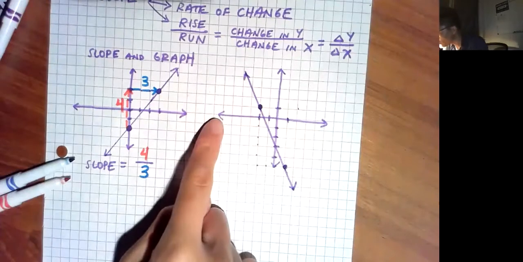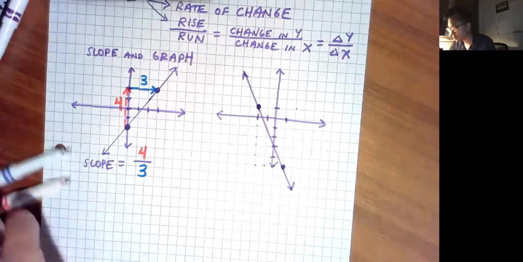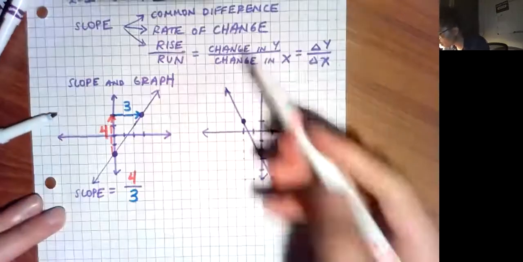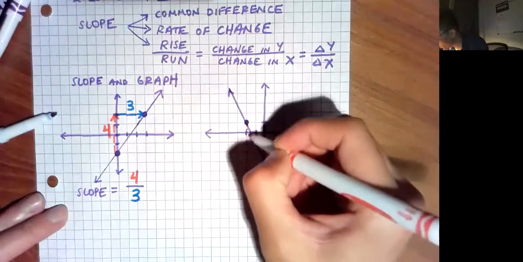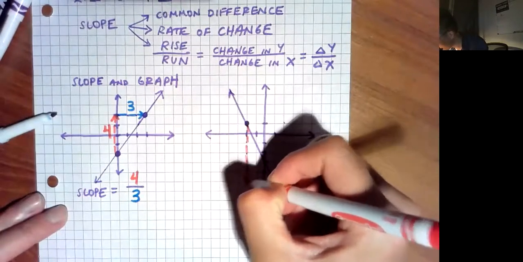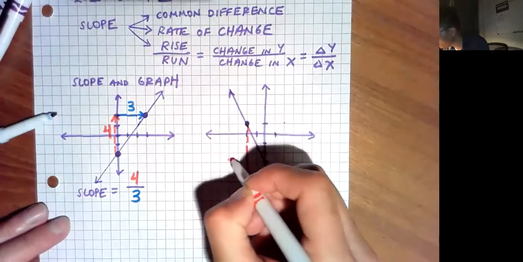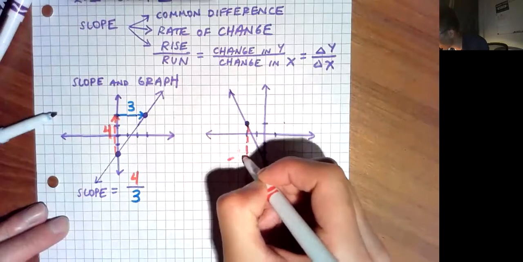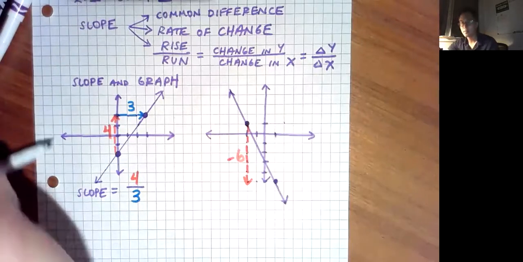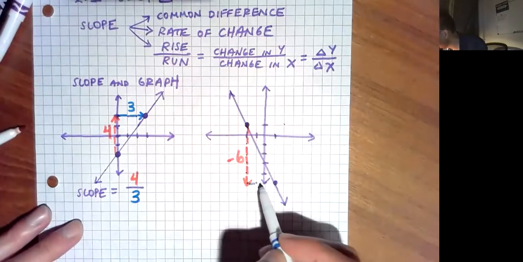So looking from left to right, I can see that this line is going downhill. So I know that I'm going down 1, 2, 3, 4, 5, 6 units down. And since I'm going down, I'm going to mark the change in y as -6. Okay, how many units to the right? 1, 2, 3 units to the right.